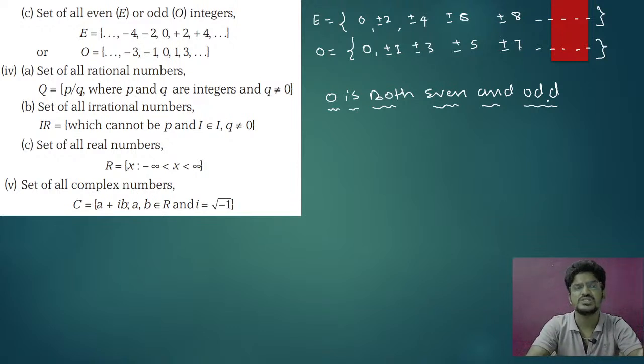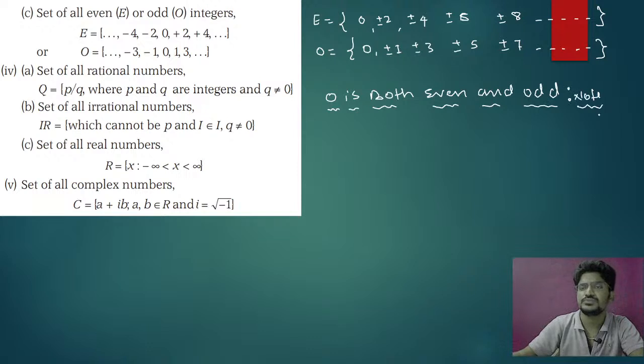For that purpose, you have to attend the classes. Now I think all of you have understood this important note, that 0 is both even and odd. That's why it is included in both the sets, even as well as odd. Okay, quickly tell me, have you understood this?